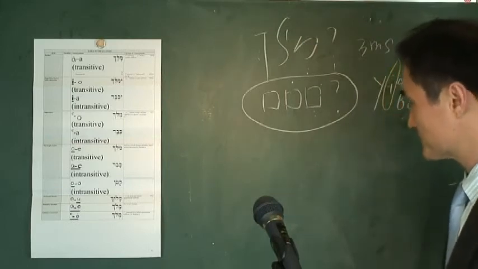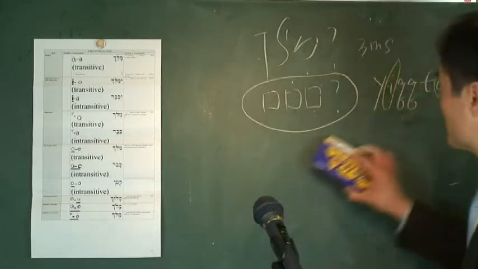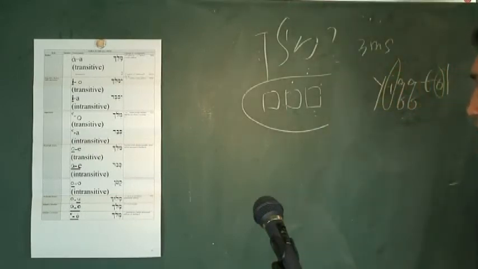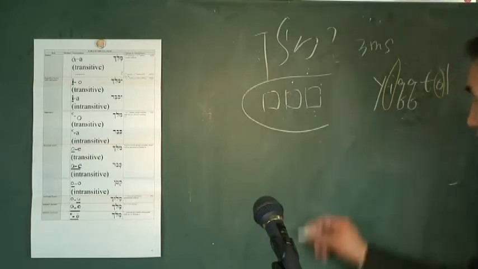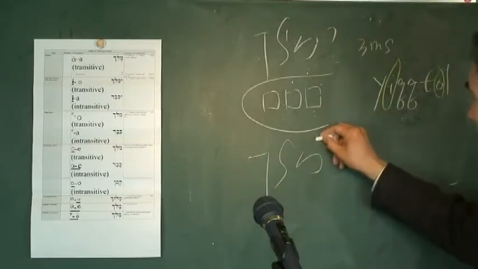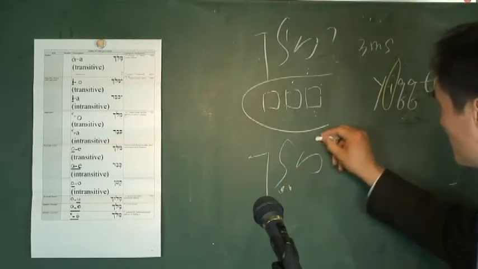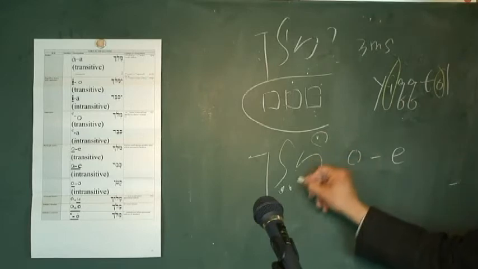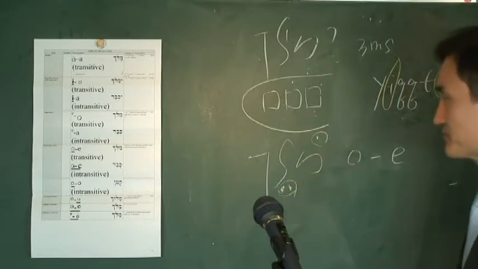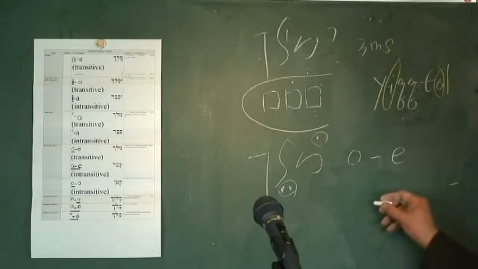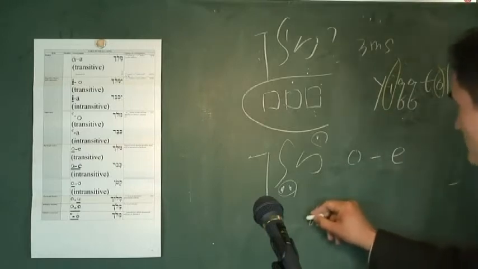Next, the second person imperative. The second person imperative is an imperfect form with the prefix removed. In the case of malak, o and e are added. Holem and tsere. Next, the passive participles are a and u.